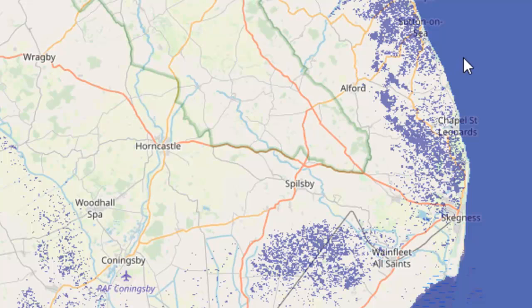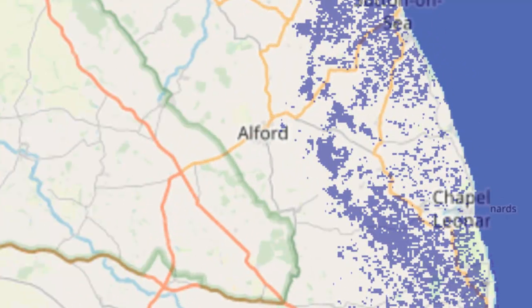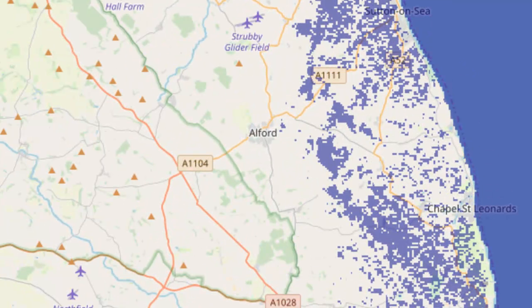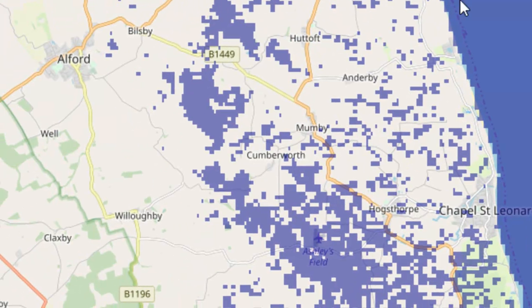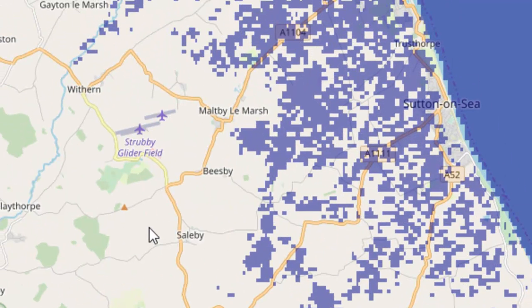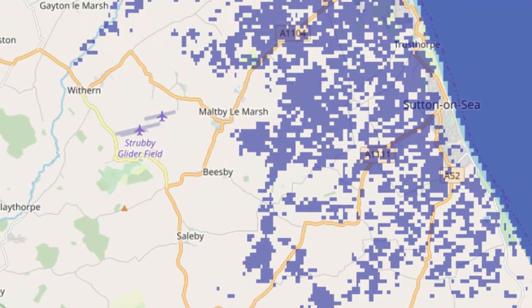I need bigger wellies, basically, because if the sea comes up by 1 metre, Mablethorpe, Sutton-on-Sea, Chapel St Leonard's, all this area is going to get soaked. That's just 1 metre, literally the water rising to about the height of a kitchen worktop.